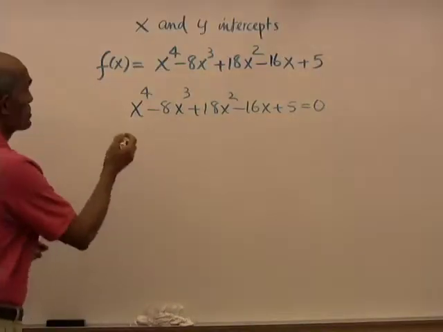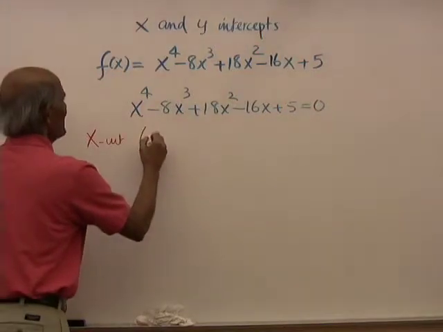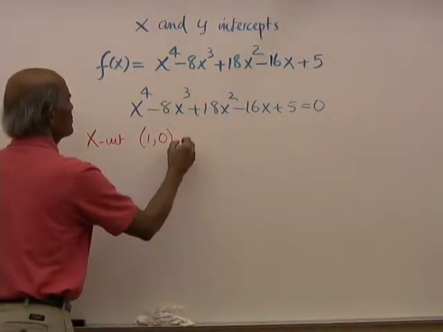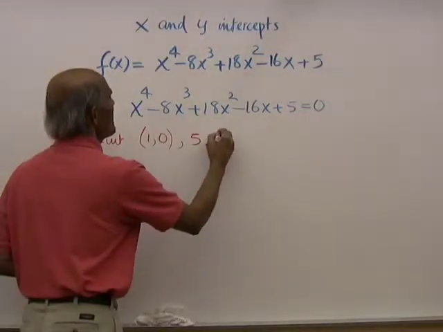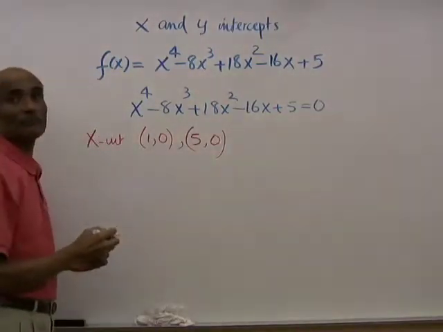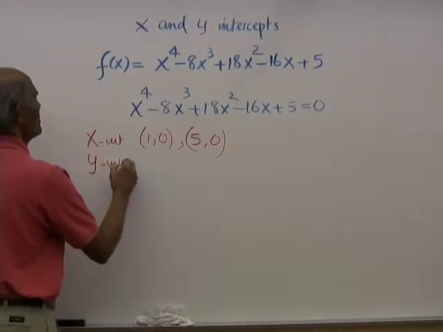What are the x-intercepts that we have? The x-intercepts are x equal to 1, y equal to 0. That's one x-intercept. X equal to 5, y equal to 0 is the other. Okay, what is the y-intercept?